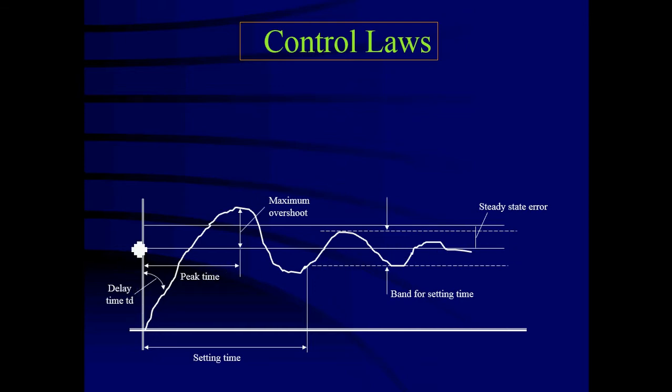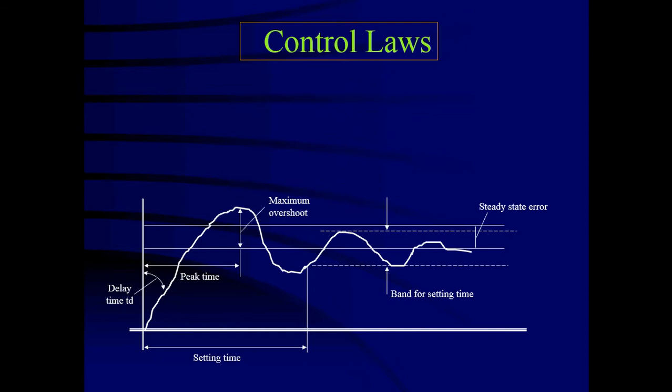Let's say if the input is up here and the response didn't get all the way there, then there is some error that will always exist. Some of these control systems get rid of this error but cause other problems. Like then you might get rid of the error, but you could have a system that oscillates too much. And for example, in a cruise control, you don't want the system oscillating. Your car will be jerky. It's gotta be smooth.